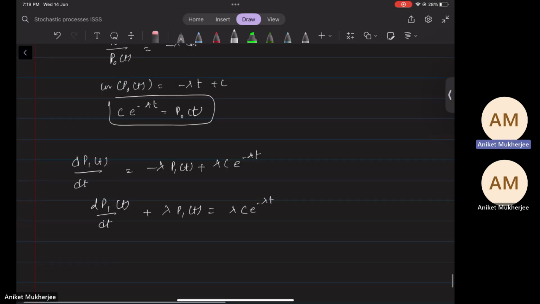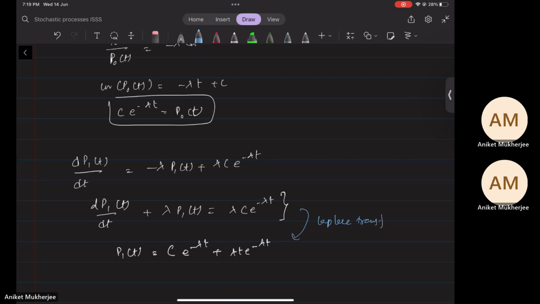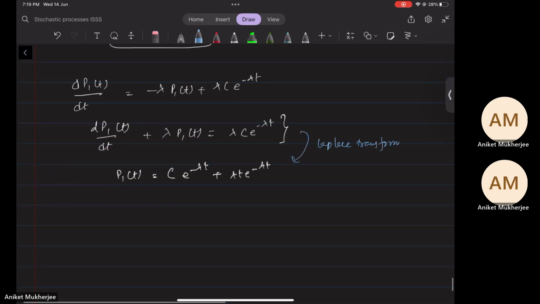So now you have an ODE in P1(t). You solve this, you get P1(t) equal to C e to the power minus lambda t plus lambda t e to the power minus lambda t. This can be done by using the Laplace transform. This is the solution to the ODE that we have got here.